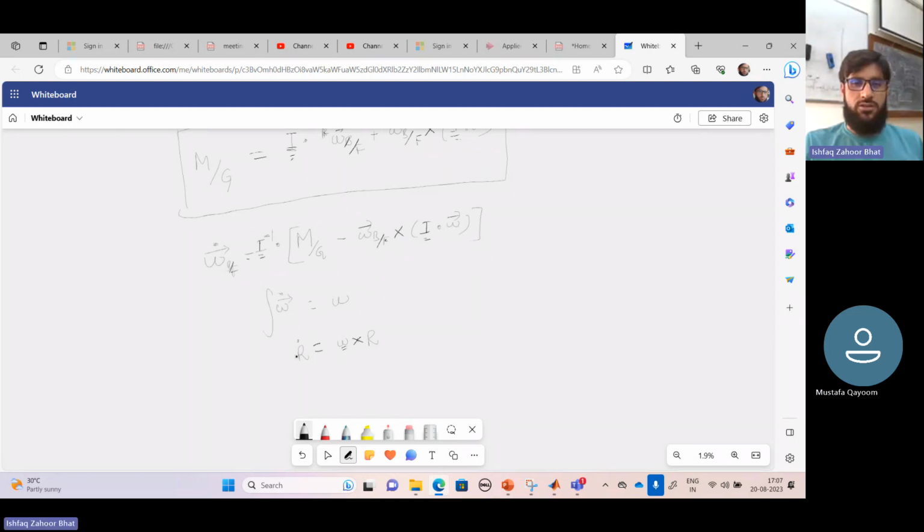So omega cross r. So you can integrate this r dot to get r. And when you have r, then you can use this equation.